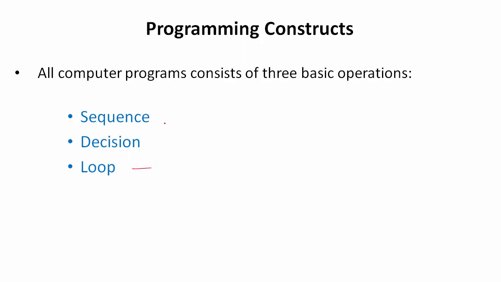A sequence is doing one or more things. A decision is deciding which ones to do next, and a loop is repeating those. If you think about a computer program in terms of those three constructs, it becomes very simple to piece them together to accomplish tasks. This becomes very important when you start programming a robot to do something.